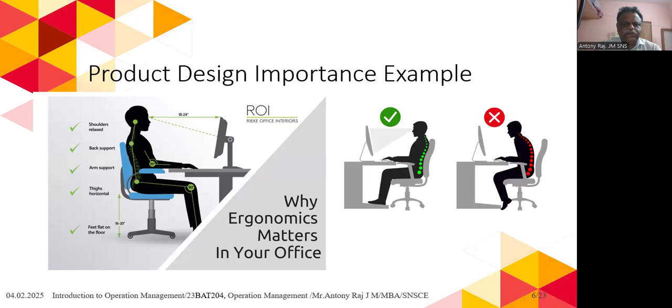Ergonomics is a science which balances human comfort as well as the needs of any particular area. These examples show the right sitting posture for a particular employee in an office, and this is elaborated in the visual diagram.